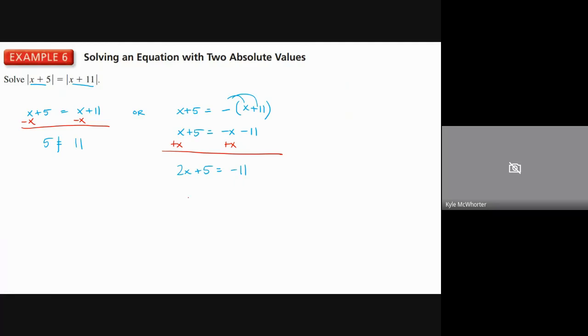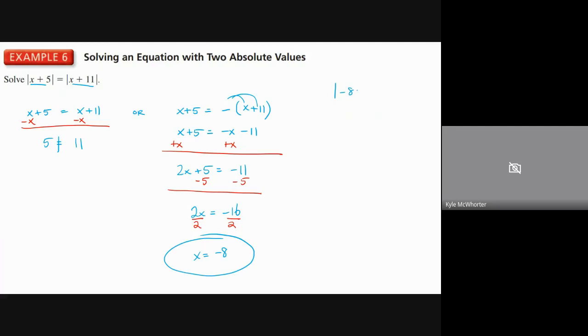Subtract 5 from both sides. Then we get 2x equals negative 16. Then when we divide both sides by 2, we get x equals negative 8.